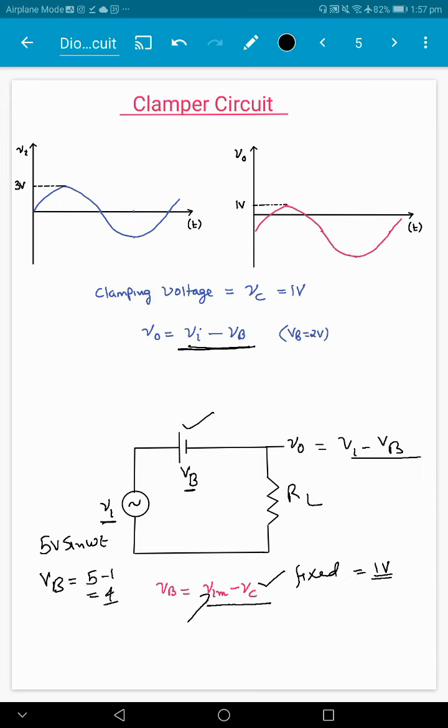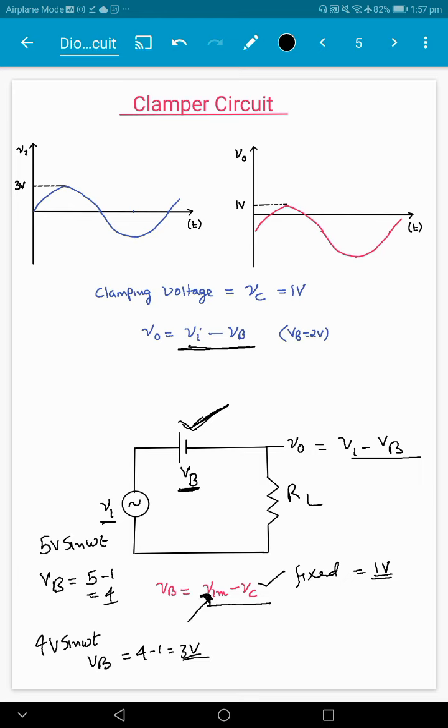But if I apply some other voltage, 4 volt sine omega t, Vb will become 4 minus 1 equal to 3 volt. We can't keep on changing the battery voltage in response to changes in the input. So that's the problem. We cannot create a fixed battery equal to Vb, because the value of Vb keeps on changing with the nature of the input.